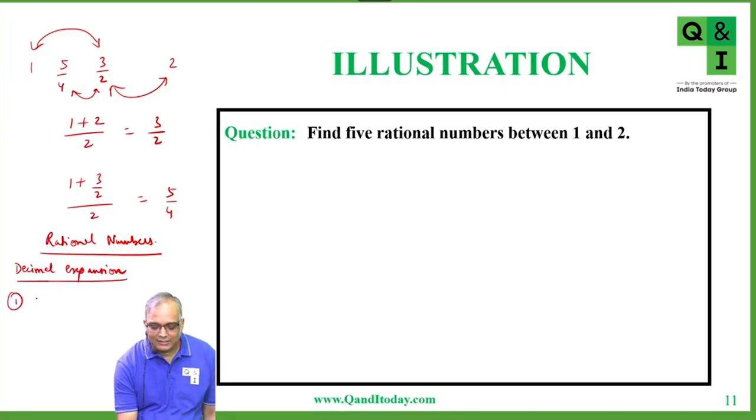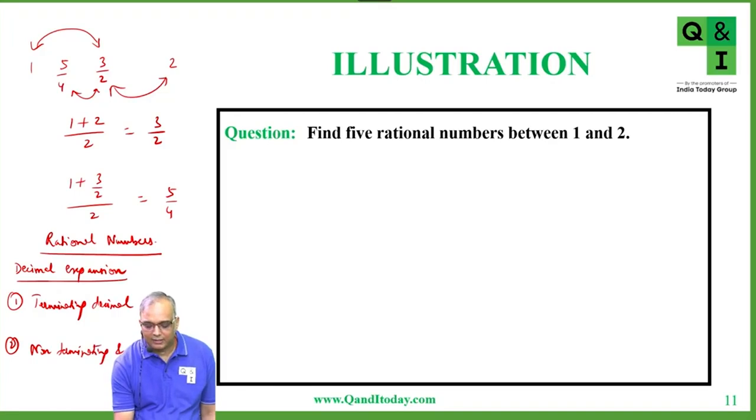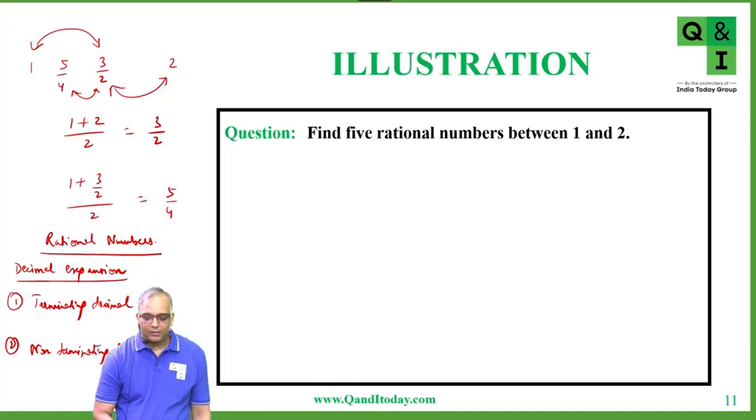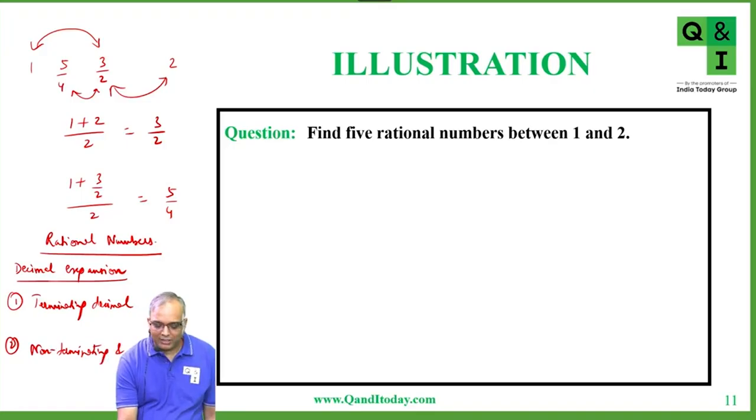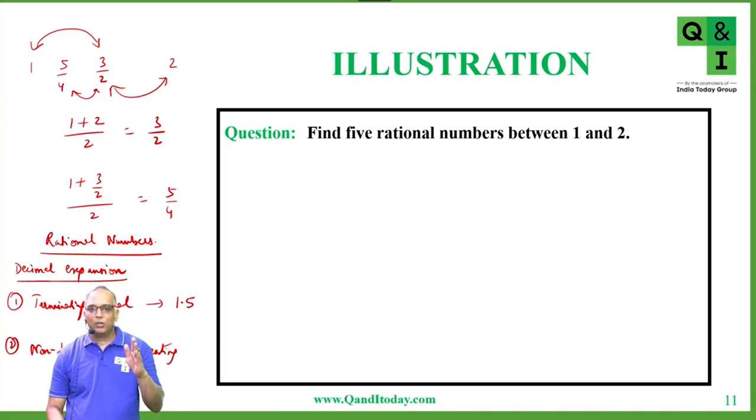First is terminating decimal, and the second one is non-terminating and repeating. So what are terminating decimals? A terminating decimal would be 1.5. This is terminating because it stops after 5. So that's why we call it terminating decimal, right?